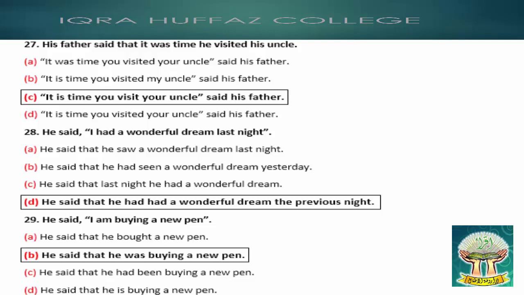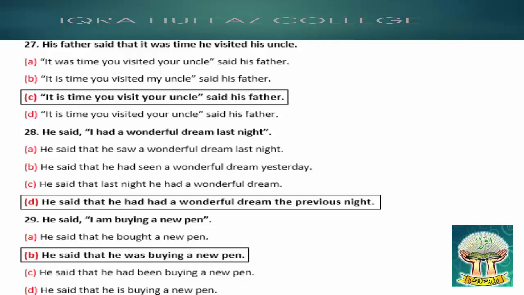Sentence number 27. His father said that it was time he visited his uncle. This question is an indirect sentence, and you have to choose the direct sentence out of these four options A, B, C or D. Option number C is correct here. It is time you visit your uncle, said his father. Sentence number 28. He said, I had a wonderful dream last night.